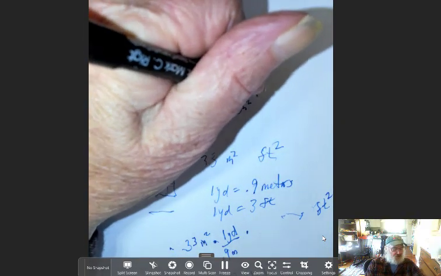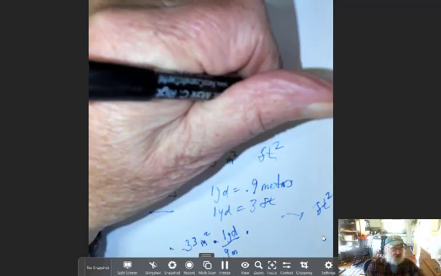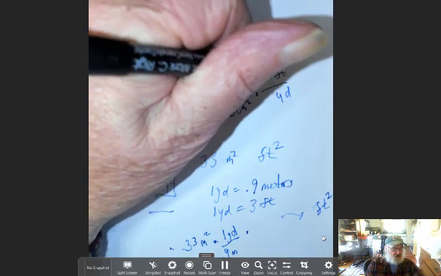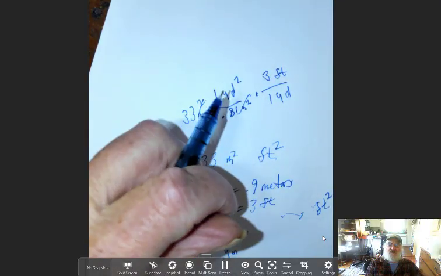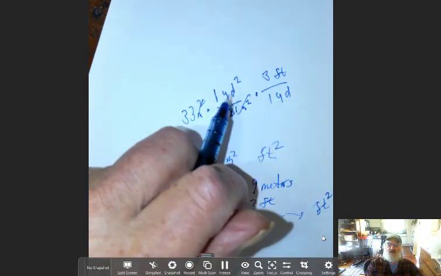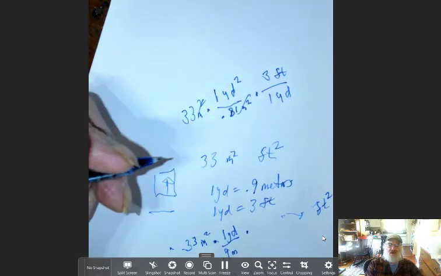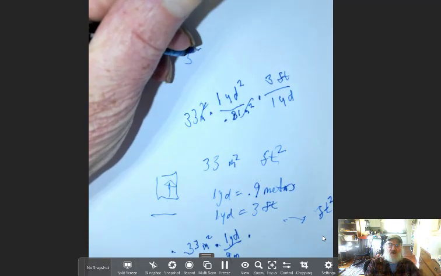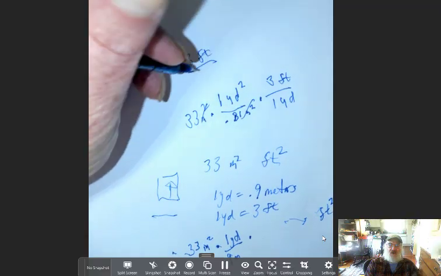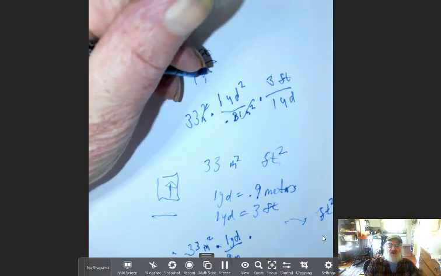But the only thing we know is you put the yards on the bottom and the feet on the top. We know that there's 3 feet in 1 yard. But I can't cancel yards and yards squared. So I have to do the same thing I did below. I'm going to go 3 feet is the same as 1 yard.